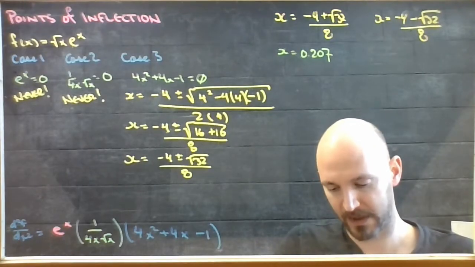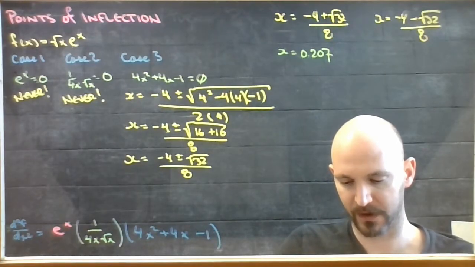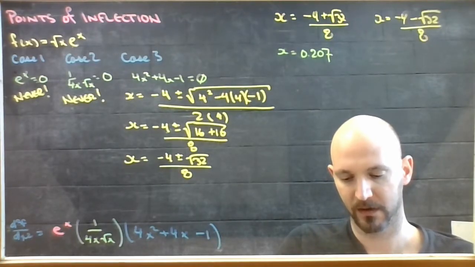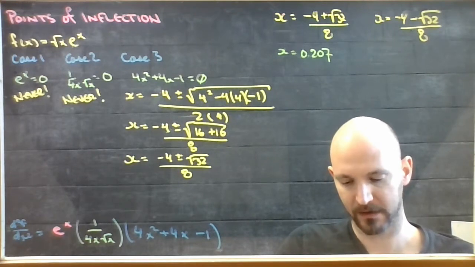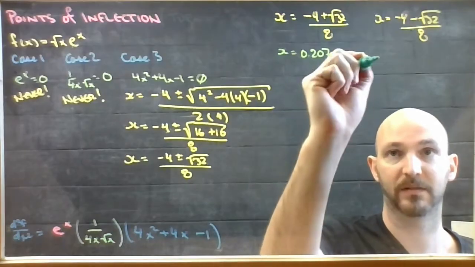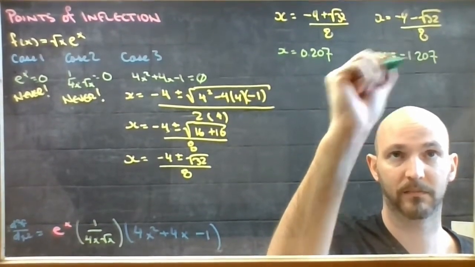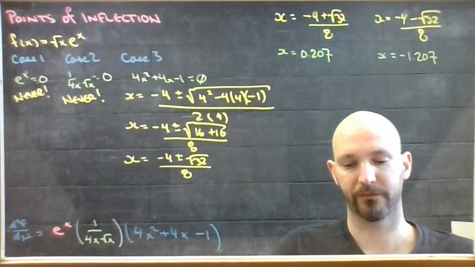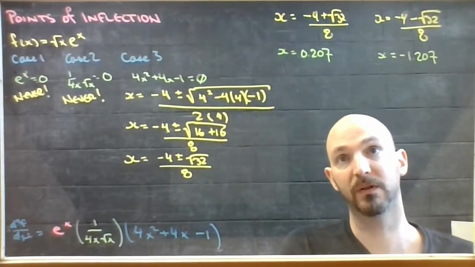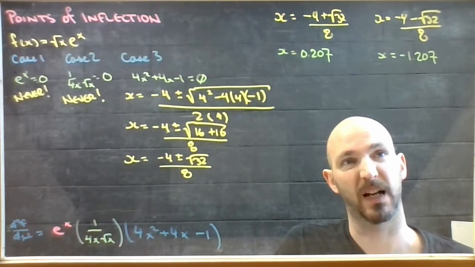On this side, we have -4, subtract the square root of 32 divided by 8, which gives us -1.207. Alright, so it's symmetrical around, well, it says symmetrical around a half maybe.